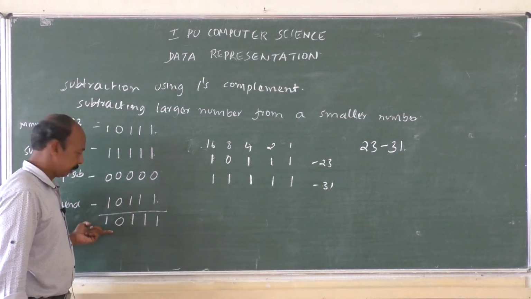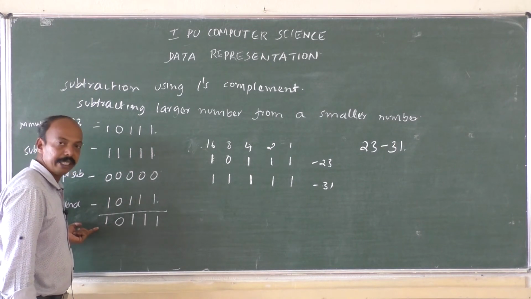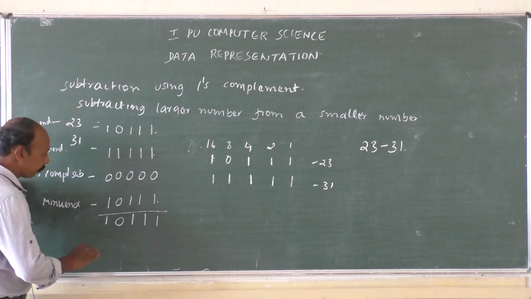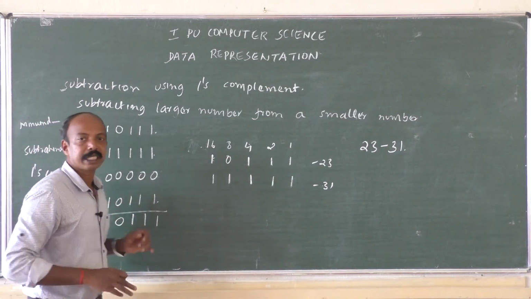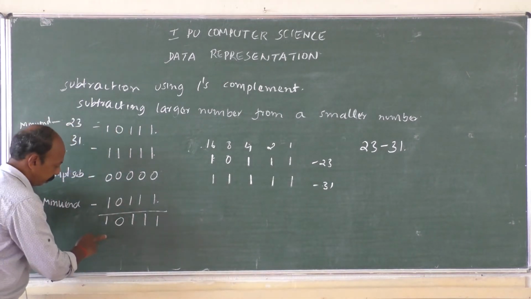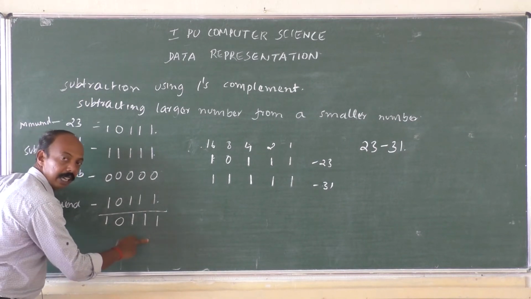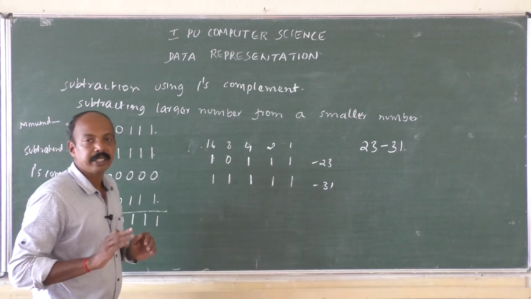We have to see whether there is an end around carry. Of course, here there is no end around carry. That means we are moving in the correct direction. If there is no end around carry, what is the next step? We have to take 1's complement of the answer and put a negative sign in front of the answer.